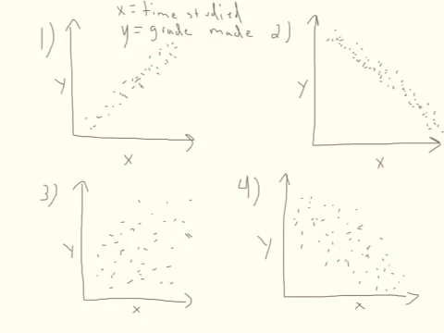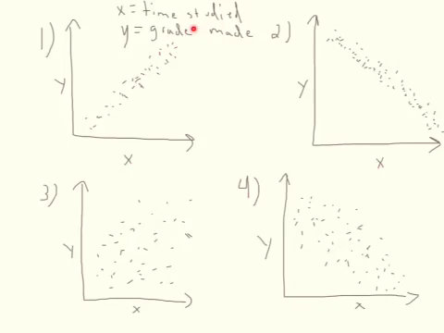For the visual learners out there, I've created 4 different scatter plots, each with varying degrees of strength and direction, positive or negative. The first scatter plot right here would have an r value close to 1, and the direction would obviously be linear and positive.